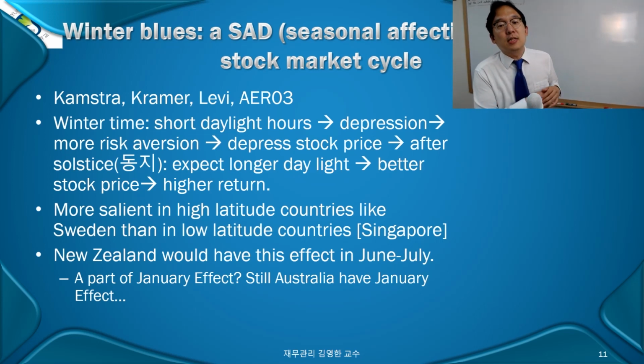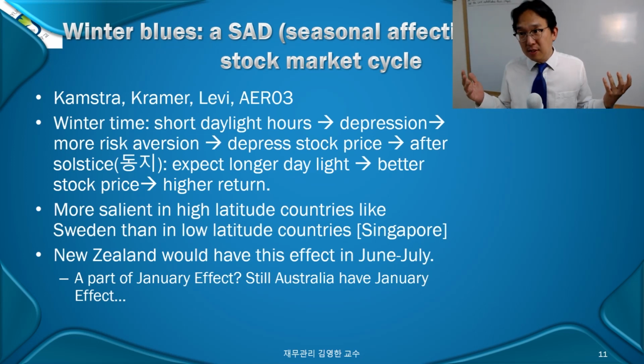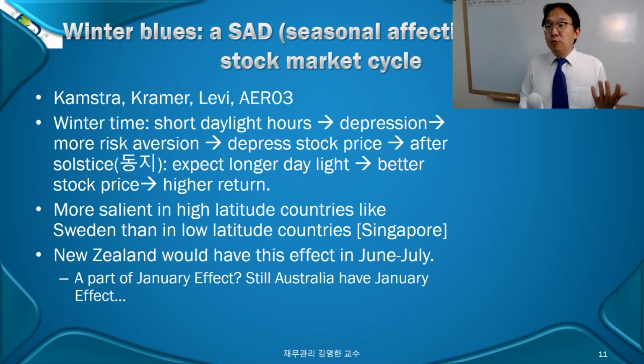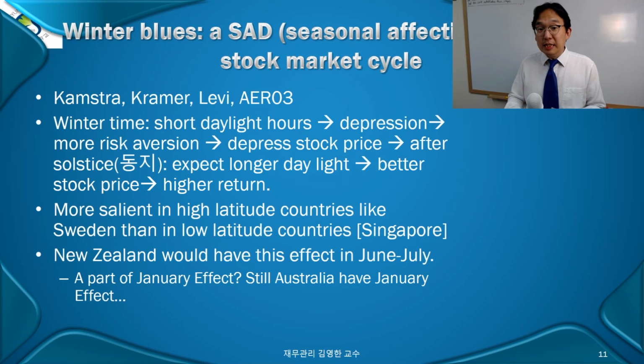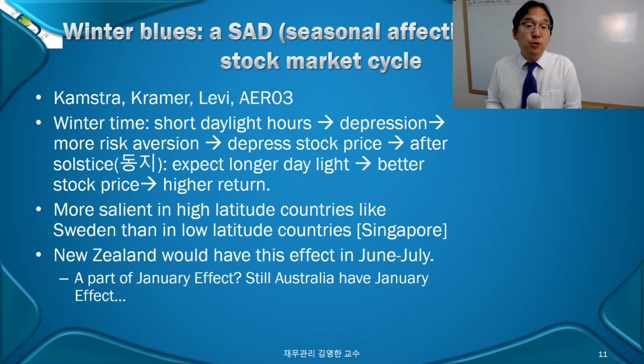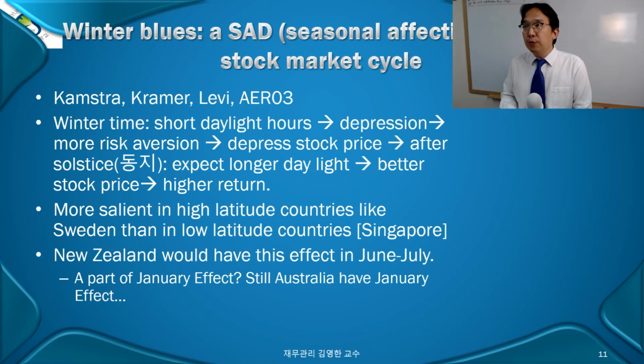The thing is, as you experience prolonged darkness during the winter time, your emotion gets priced, and the stock index tends to go down for Scandinavian countries during that time period.